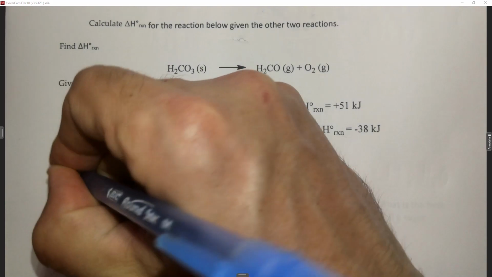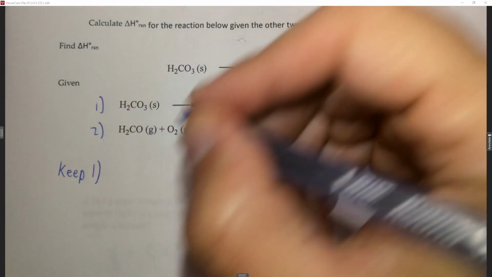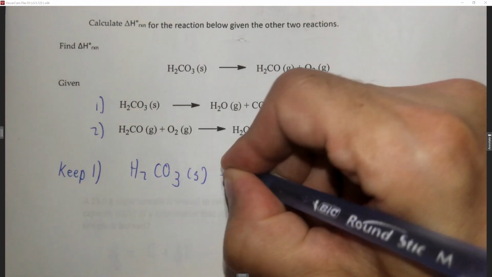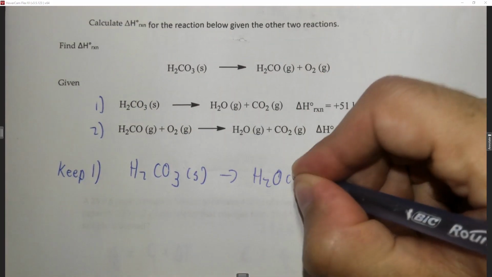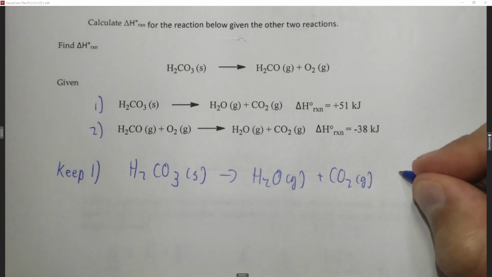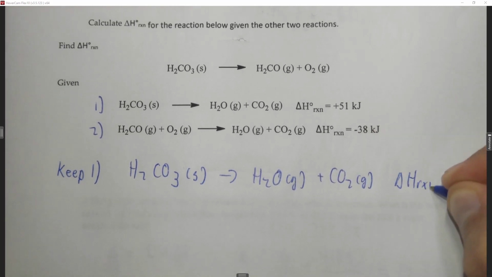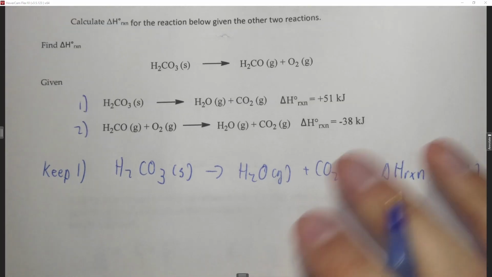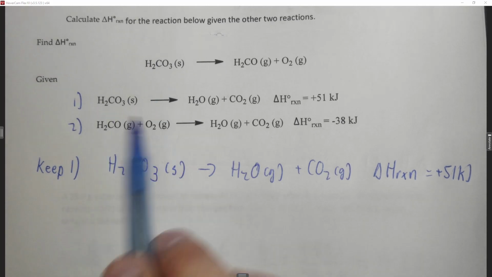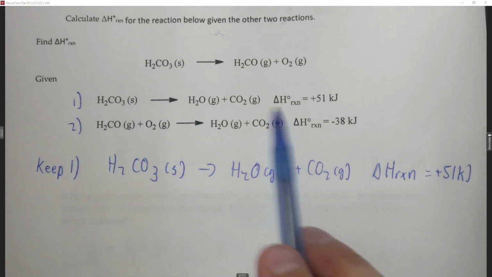So I can simply keep reaction 1 as H2CO3 solid yields H2O gas plus CO2 gas, and the delta H of the reaction is equal to positive 51 kilojoules. I can leave that alone because it has the right stoichiometric coefficient and it's on the right side. Now let's look at the bottom one.